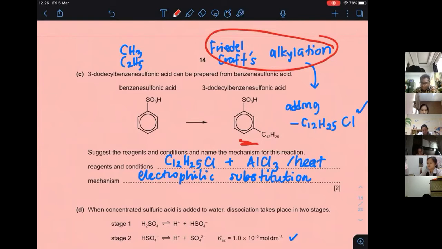So you just take this one, include the Cl, and then you need to have a catalyst. Therefore, I'm going to use AlCl3, and then you need to heat them up. This is going to be a Friedel-Crafts reaction, and the mechanism is electrophilic substitution, you're substituting.